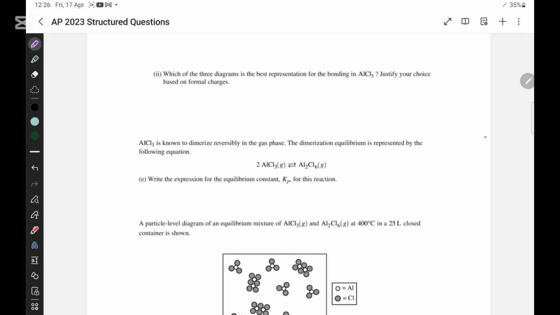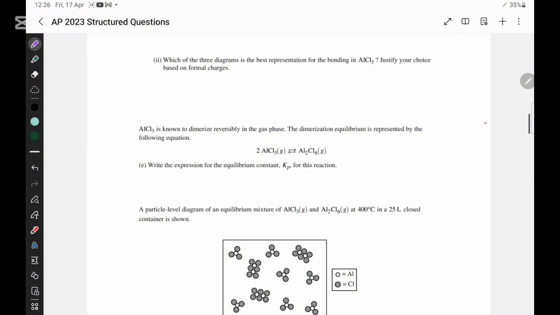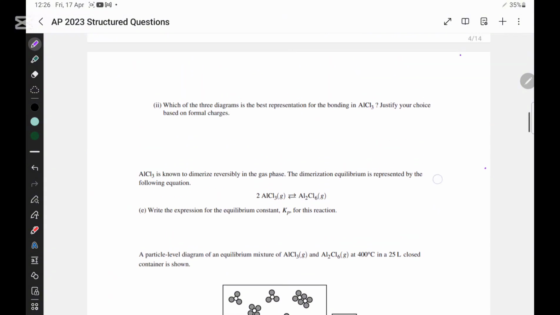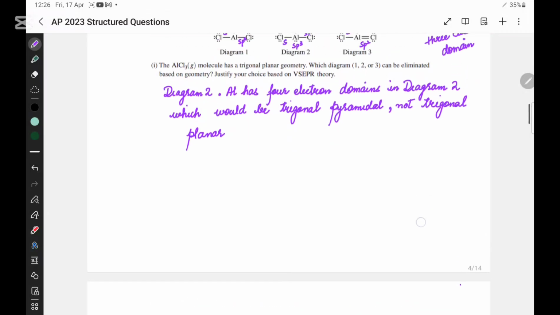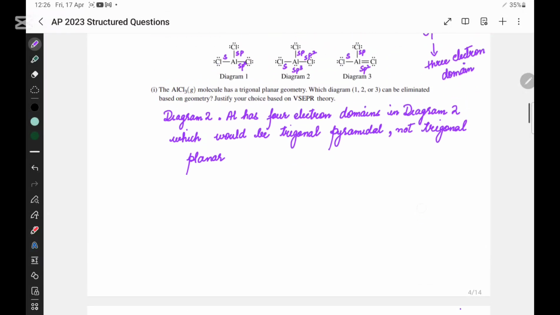So next question says, which of the three diagrams is the best representation for the bonding in AlCl3? Justify your choice based on formal charge. So first of all, we have to see these diagrams and we can find the formal charge.